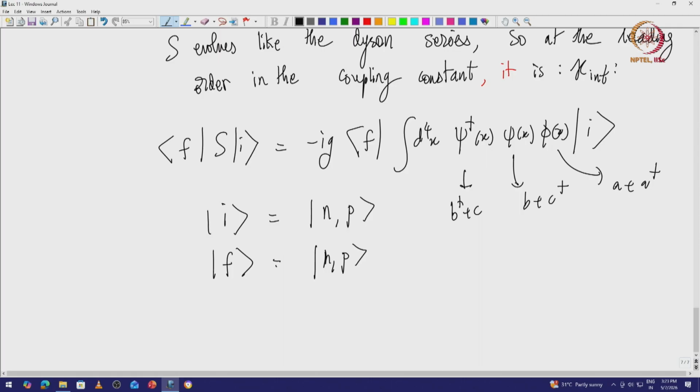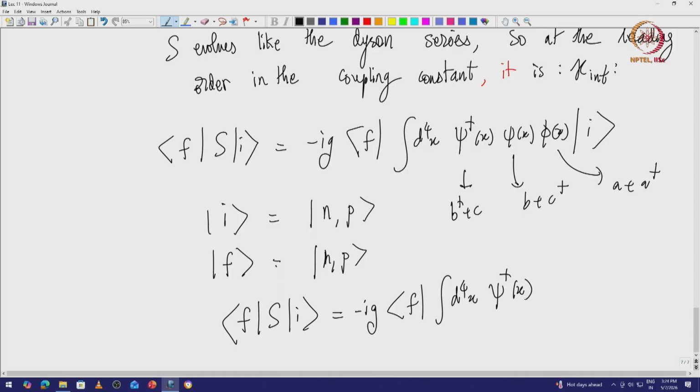Let me just write it down here essentially. So, let's put f as I is equal to minus I g f integral d power 4 x psi dagger of x psi of x.